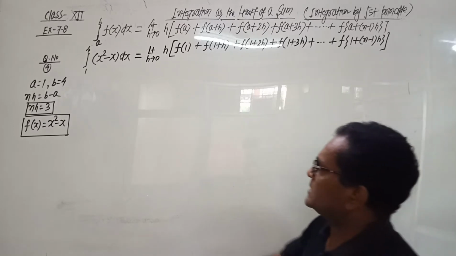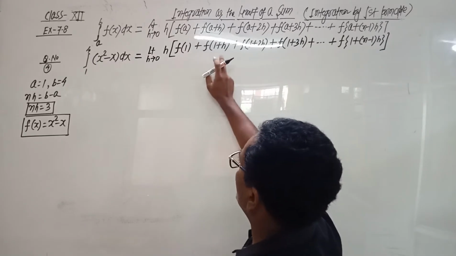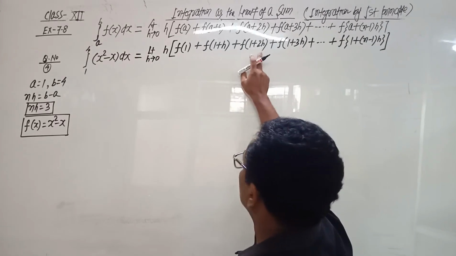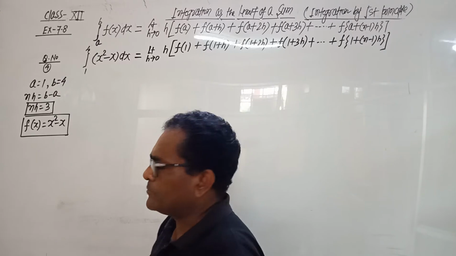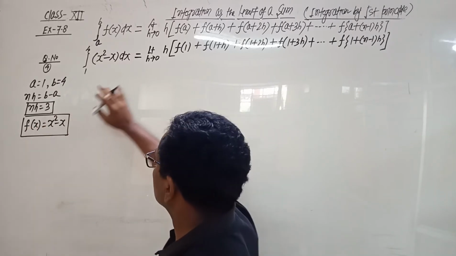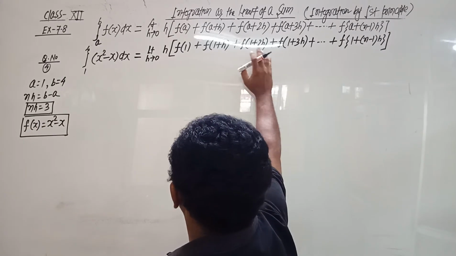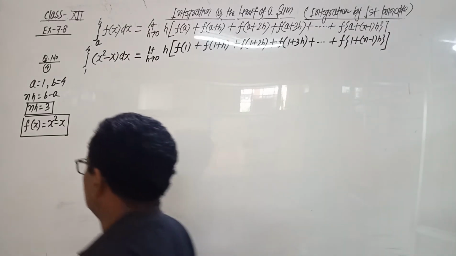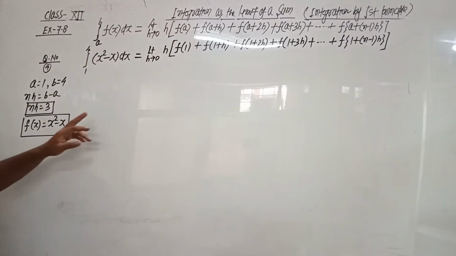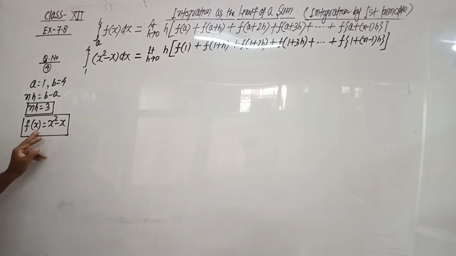Now we calculate the value of f(1), f(1 plus h), f(1 plus 2h), and so on, by putting x equals 1, 1 plus h, 1 plus 2h, up to 1 plus (n minus 1)h. When we find f(1), we put x equals 1.